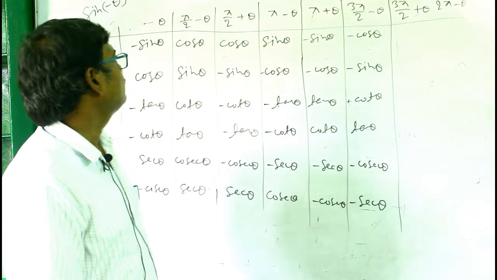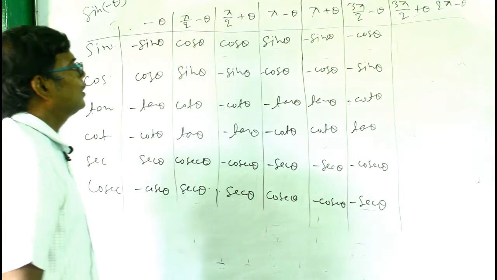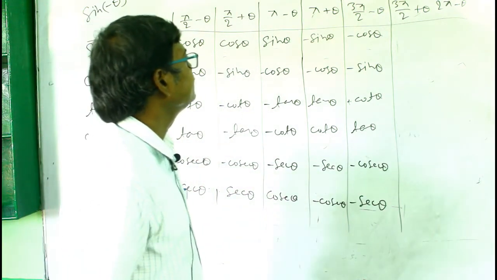So what is the value of 3 pi by 2 plus theta? That is 270 minus theta and 270 plus theta.